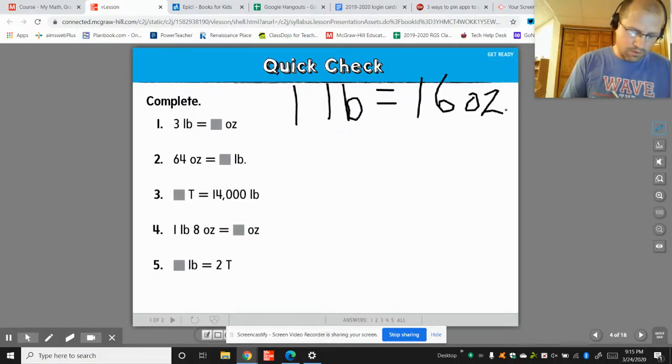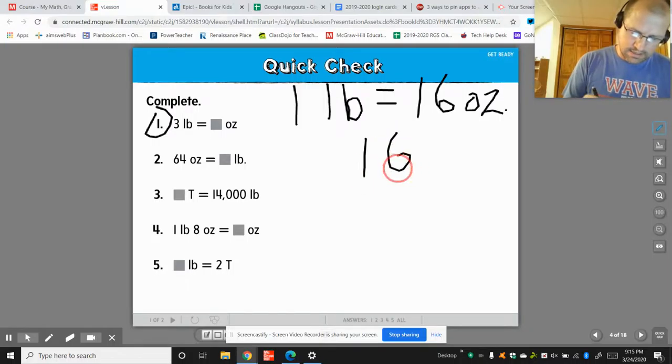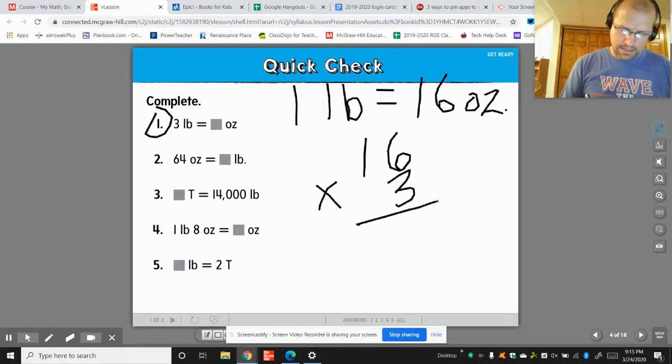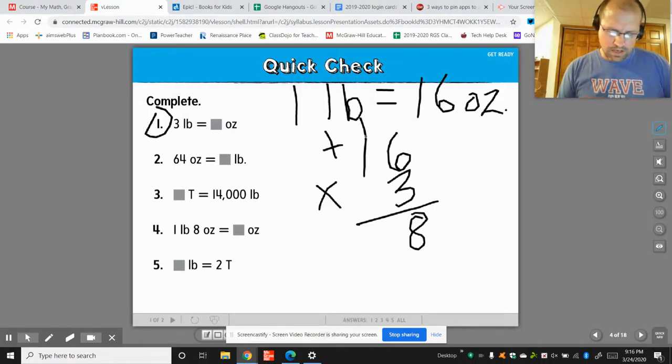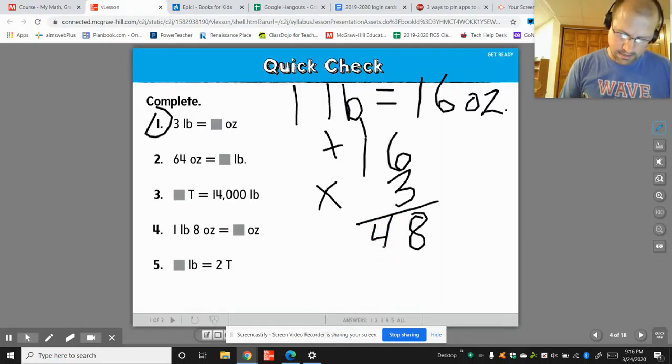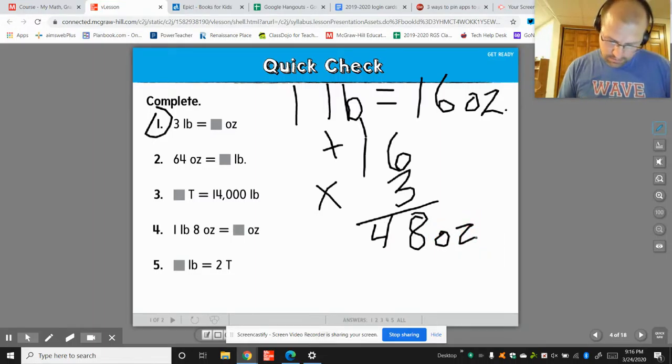So that means on number 1, we've got to take 16 times 3. 6 times 3 is 18, right? The 8, regroup the 1. So 3 times 1 is 3, plus 1 is 4 for 48 ounces. So number 1 is 48 ounces.